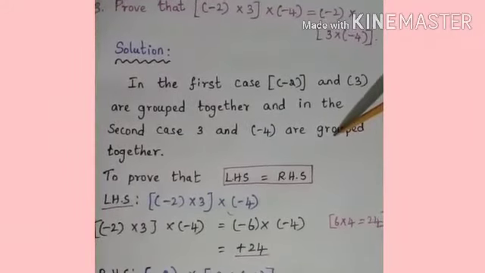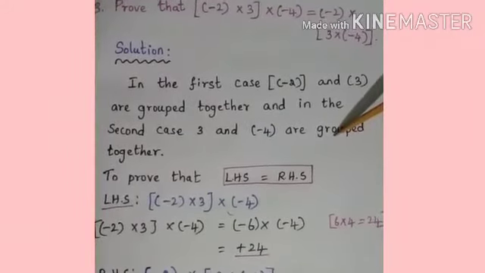Now, let us take the right hand side expression, that is minus 2 into [3 into minus 4]. Here, we have to multiply 3 and minus 4 first. We know that multiplying positive and negative integers always gives a negative integer, that is 3 into minus 4 is equal to minus 12.